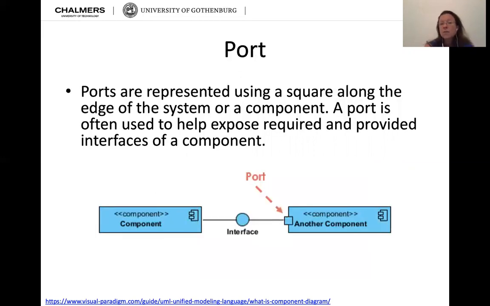Ports are represented using a square along the edge of the system or a component. A port is then often used to help expose required and provided interfaces of a component. So you see the port is denoted by the red arrow, or pointed to by the red arrow, this little blue square.